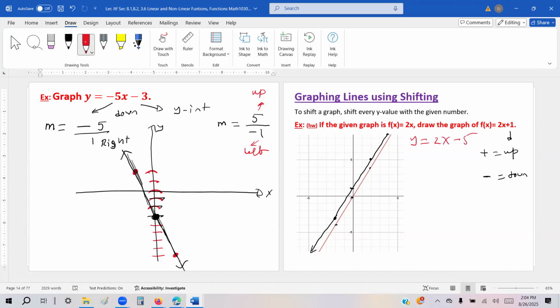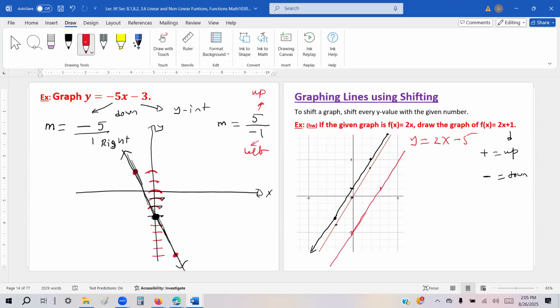So everything you have, all the points in the line, they will go 5 units down. And you draw the line. This is called transformation. It means you are not doing any math, you're just transforming the original one based on the direction. And with this, we are done with the discussion.